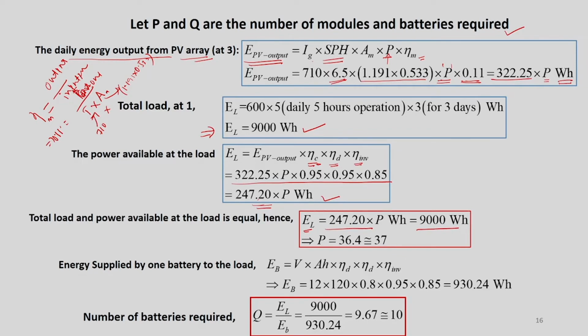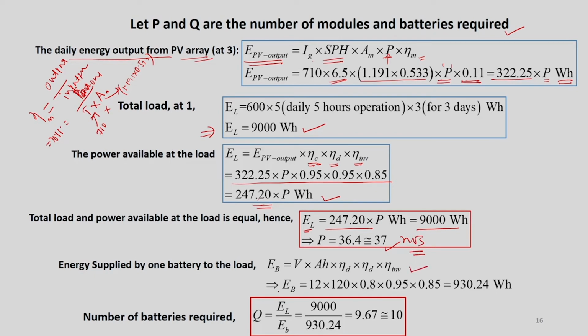From that, if we do the simple calculation, then P is found to be about 37, okay. So, the number of modules required to provide the energy to the load is about 37 numbers, okay.